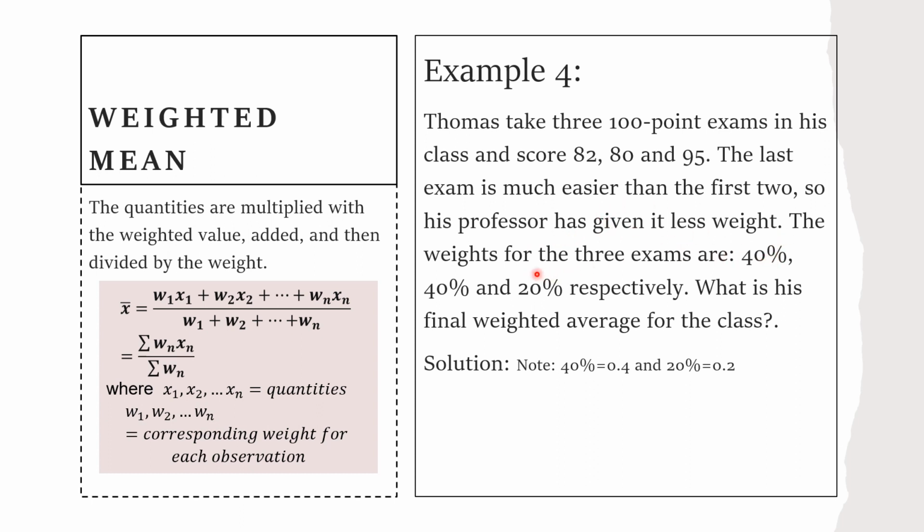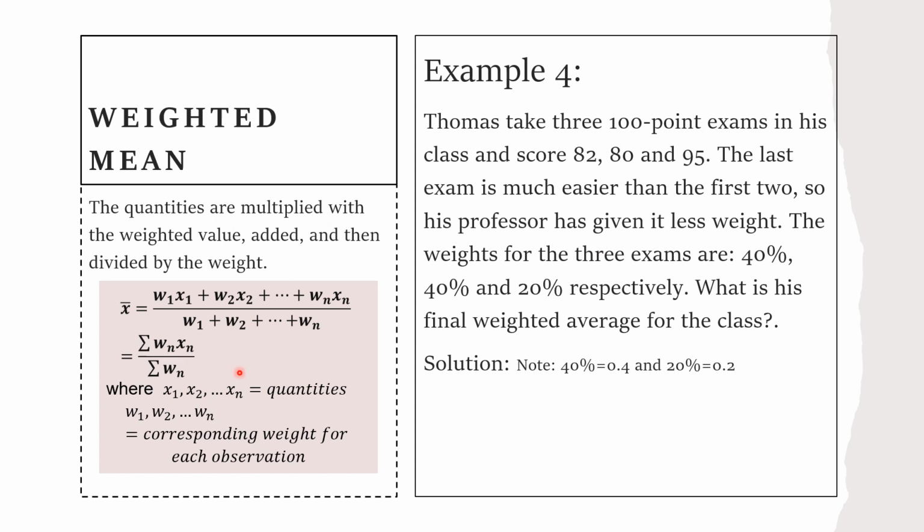The weights for the 3 exams are 40%, 40%, and 20% respectively. What is his final weighted average for the class? For our solution, take note that 40% is also 0.4 in decimal and 20% is also 0.2 in decimal. That is 40 divided by 100 and 20 divided by 100.